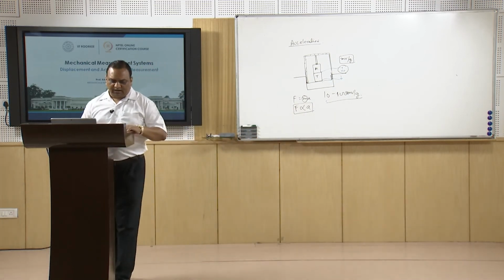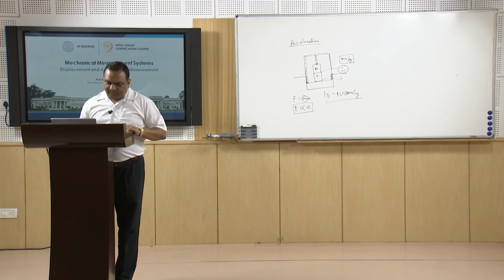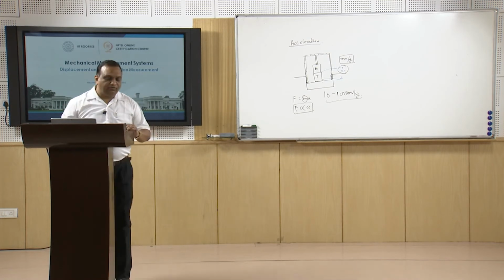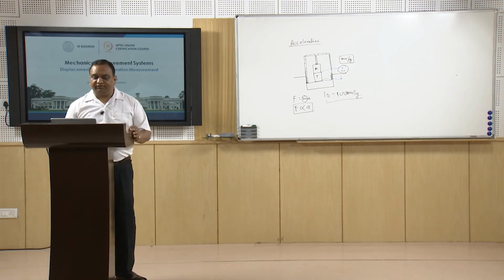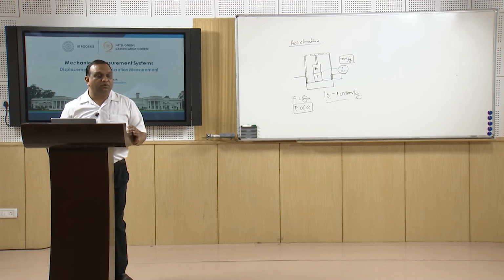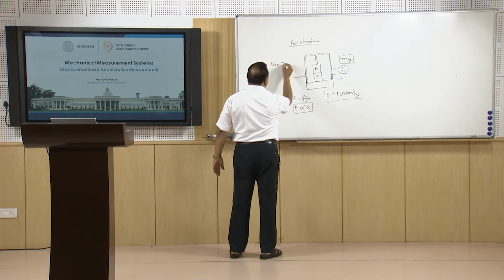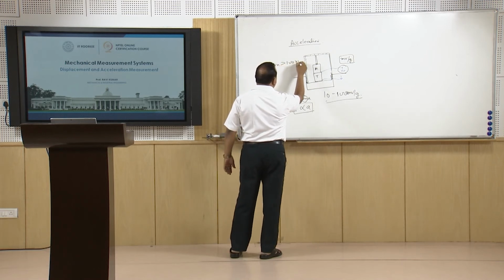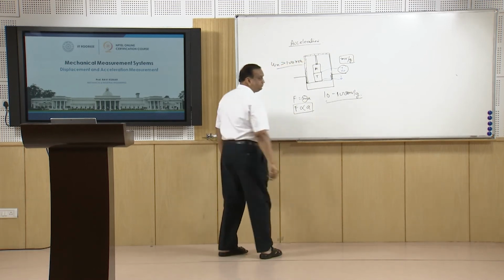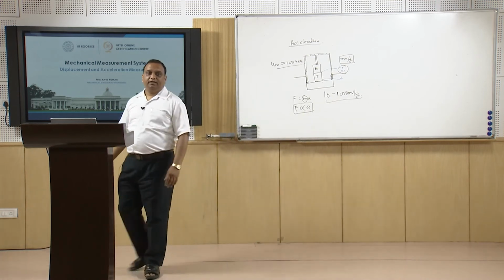Now, in these transducers, we use a piezoelectric crystal which has a natural frequency higher than 100 kilohertz. So the natural frequency of the piezoelectric crystal has to be higher than 100 kilohertz, right?